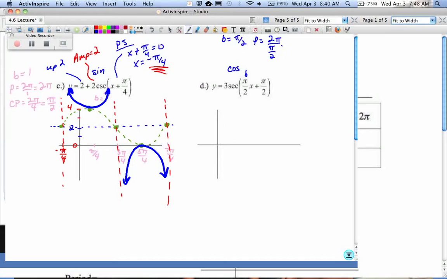When you do that, it is 2 pi times 2 over pi. The pi's cancel. We're left with 4. So the period of the function is 4. The critical points then are going to be spaced by taking the period and dividing it into 4 equal parts. We're going to space everything by 1.